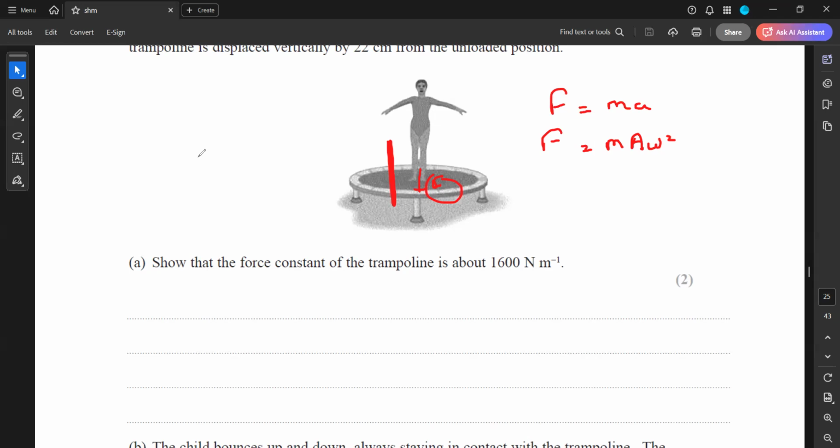How can we work out how much force is applied here? We have the formula F equals K delta X, because according to Hooke's law, the force is directly proportional to extension, and we replace the proportionality sign with K. So the force causing the stretching is K delta X, and K we already calculated.